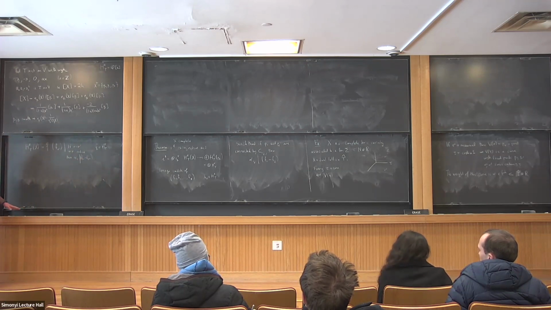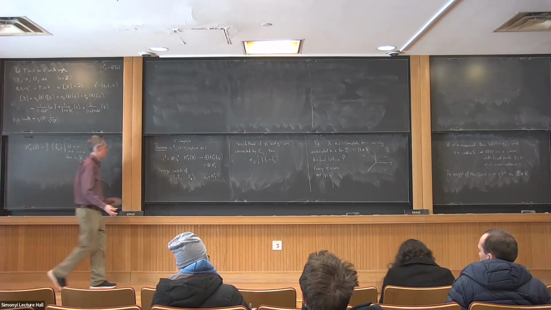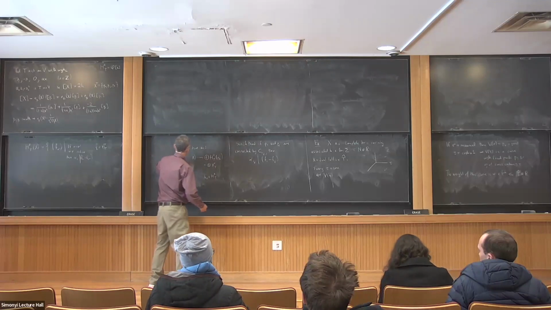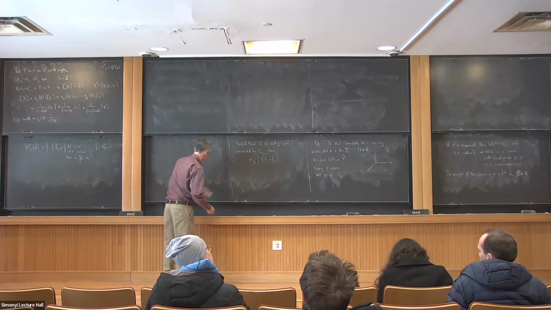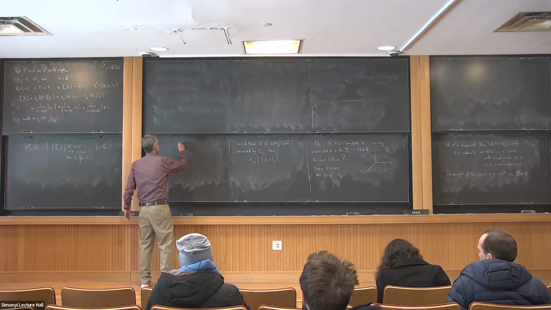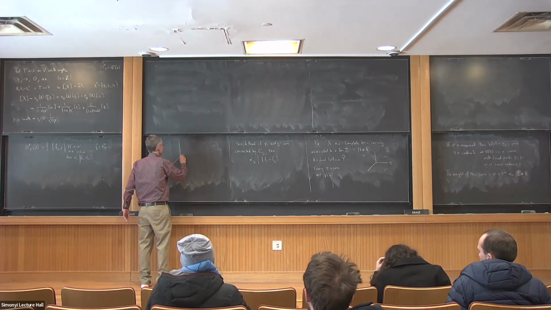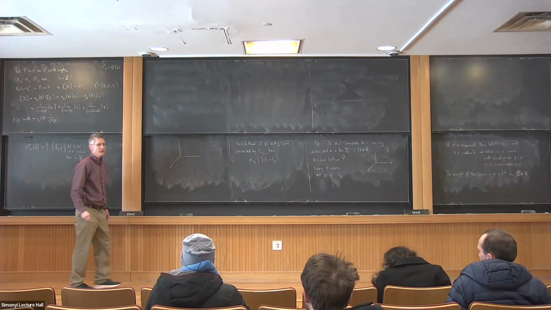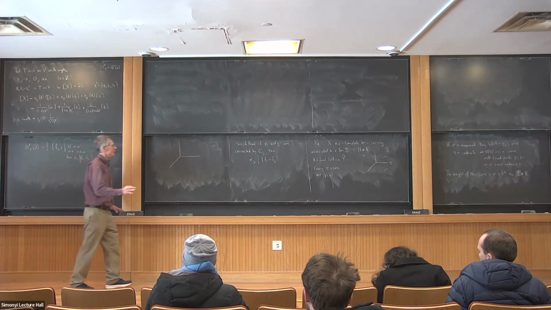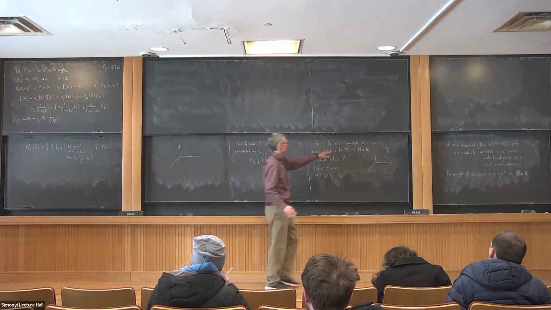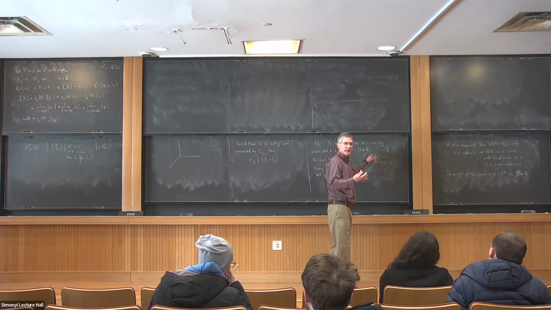Okay, now let's take a look at this geometrically on our fan. So if we look at our fan like this, this is the dual space to the F sigma.